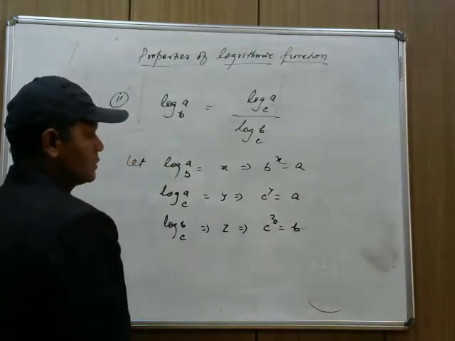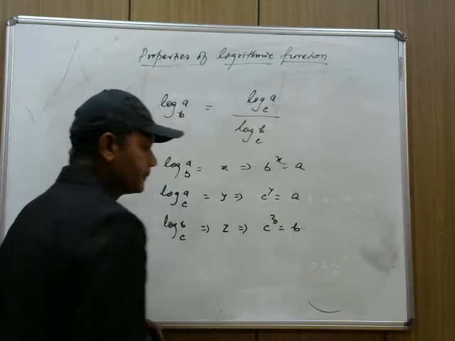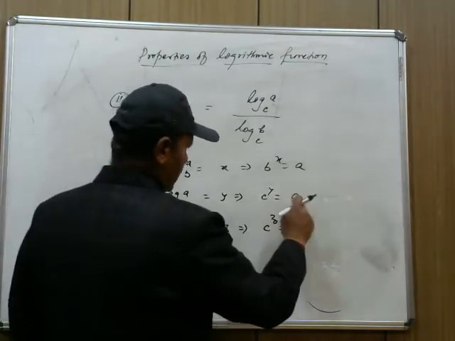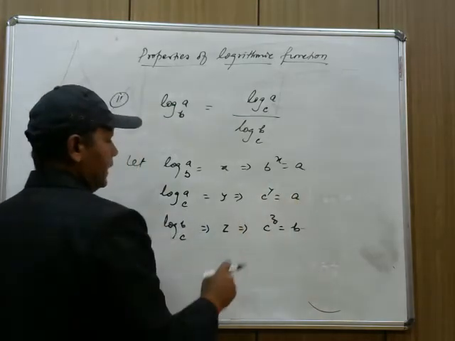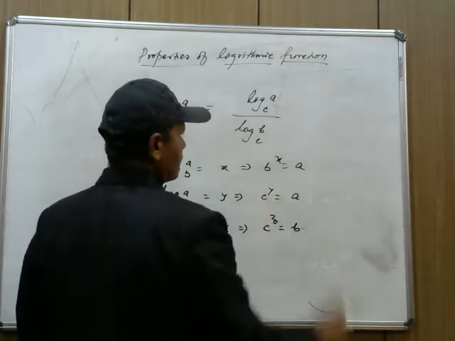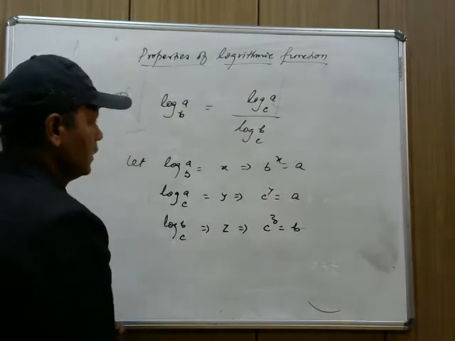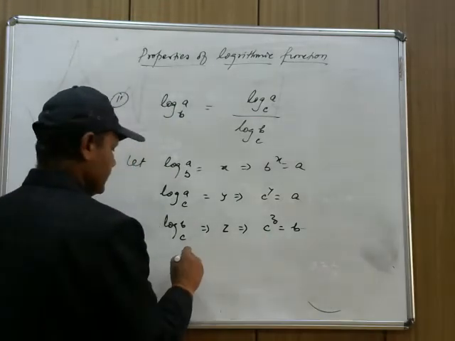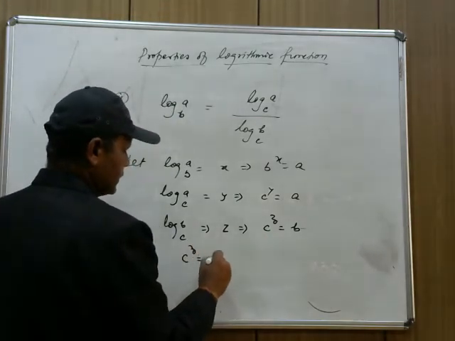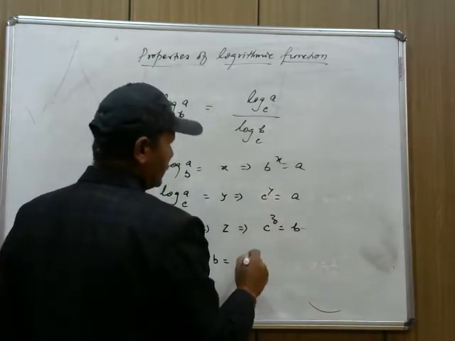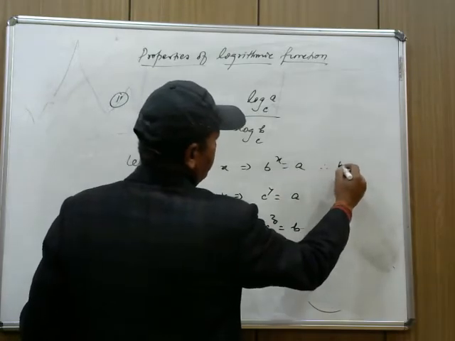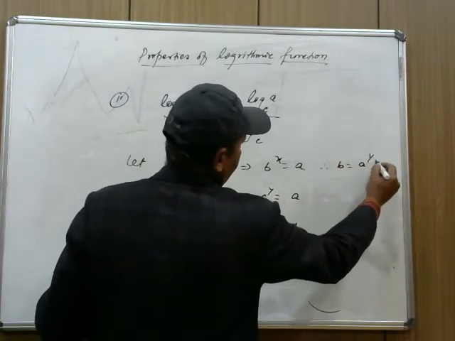Right? Now c to the power z is equal to b, c to the power y is equal to a, and b to the power x is equal to a. Now I can write c to the power z is equal to b, and b is equal to a to the power 1 by x.